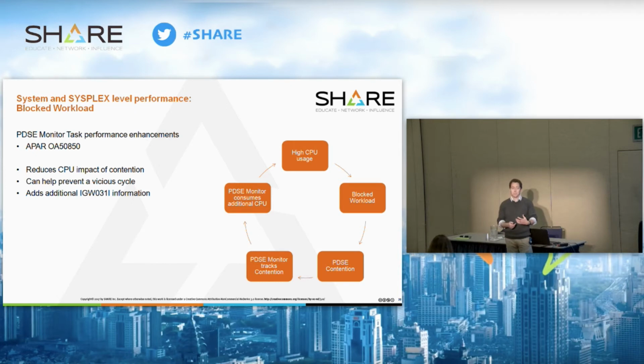It wasn't major, but again, if you're running at 99.98%, that could be enough to push things and make things basically inoperable. So we've made a huge set of enhancements in OA50850, essentially in greatly reducing the amount of CPU that monitor task is going to take, and it won't accelerate its CPU usage as contention ramps up, at least not nearly as quickly.